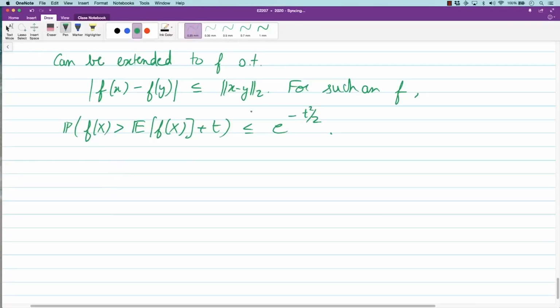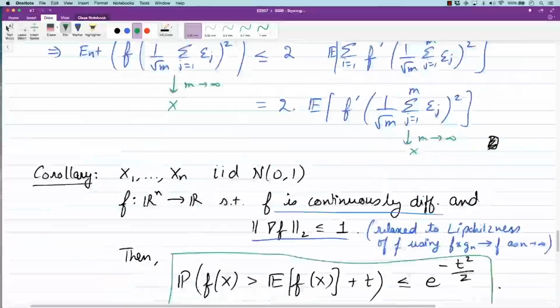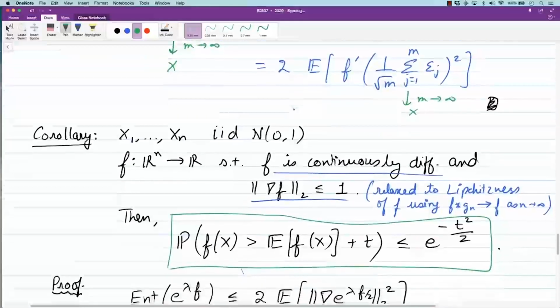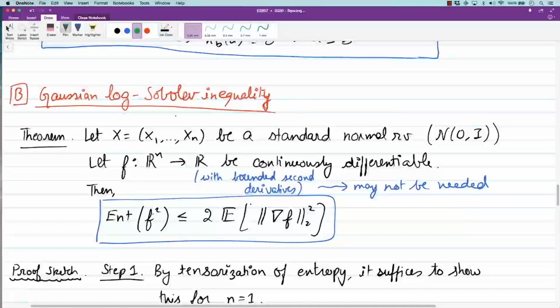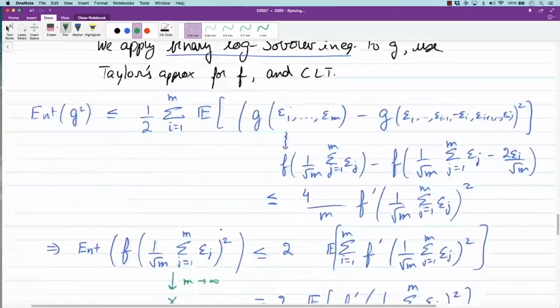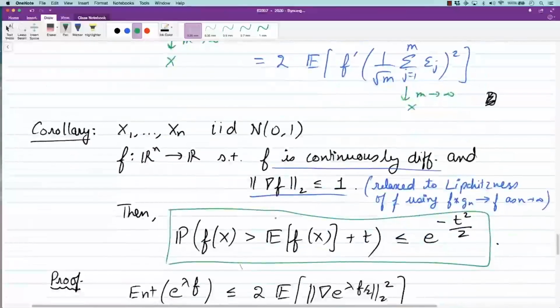All right, so that's all I wanted to say in this lecture. To summarize, we saw a binary Log-Sobolev inequality and extended it to obtain a Gaussian Log-Sobolev inequality, which is very similar to the Gaussian Poincare inequality, except that variance gets replaced with the entropy of f squared. And with that inequality, we were able to, using Herbst's argument, show a concentration bound for Lipschitz functions of Gaussian random variables.